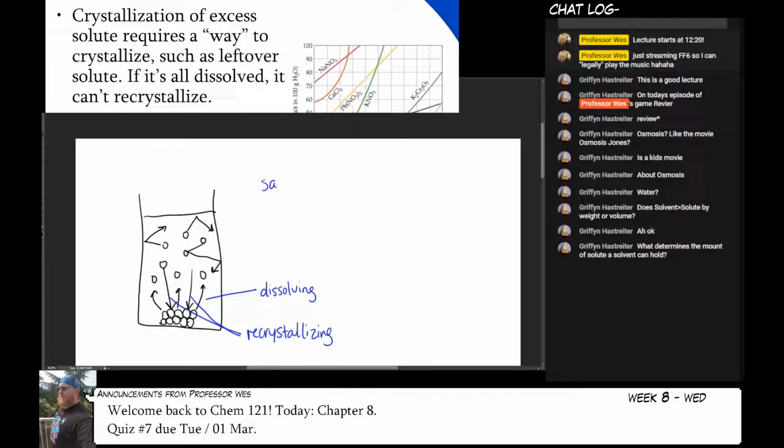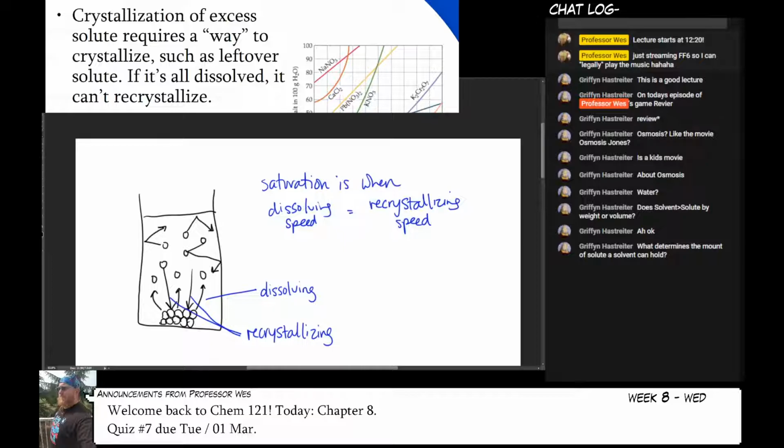So saturation is when the rate of dissolving, we'll say speed, equals the speed at which it recrystallizes.